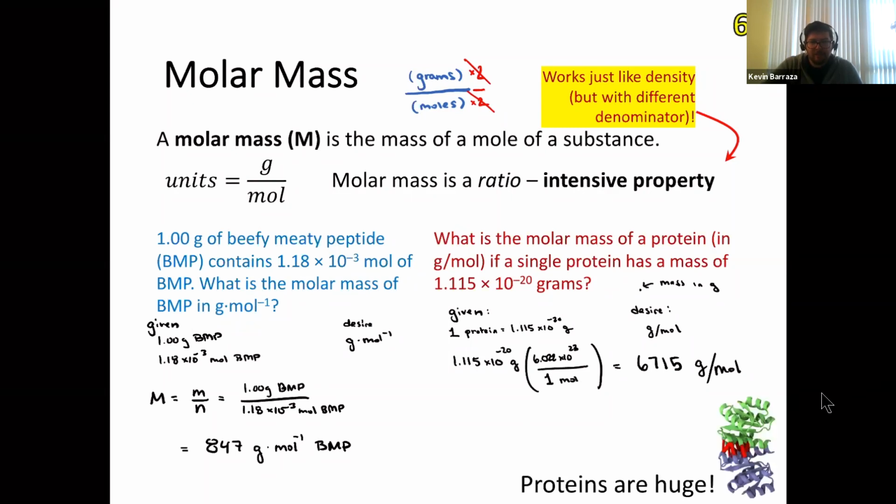What this suggests is that proteins are pretty huge. Because in order to count a mole of protein, I actually have to weigh a lot of it. This implies that protein molecules are pretty big, though that's not necessarily intuitive when you first think about it.